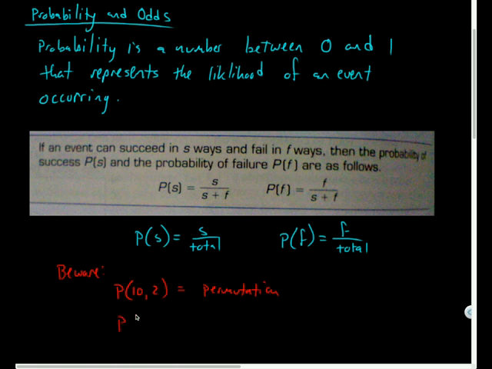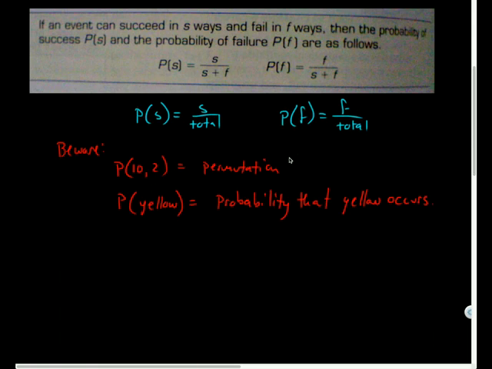Whereas if I have P and then parentheses and then some description, such as yellow or Tuesday, or it could even be a number, as long as it's not separated by that comma, this is asking the probability that yellow occurs. So I just want to point out that the notation is very similar, and unfortunately it takes place in exactly the same chapter of the content. So this is the definition of probability.